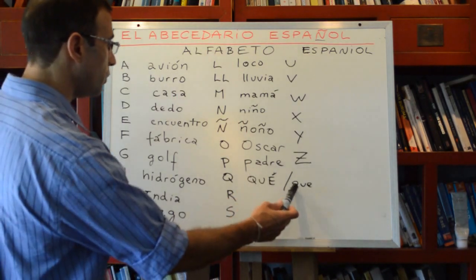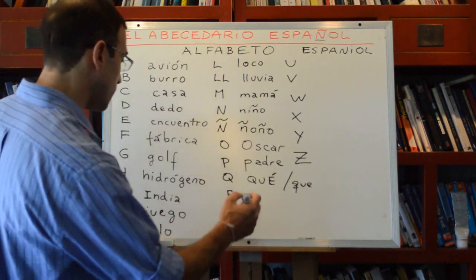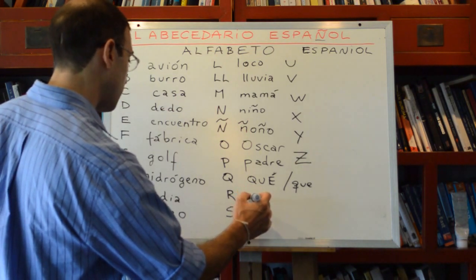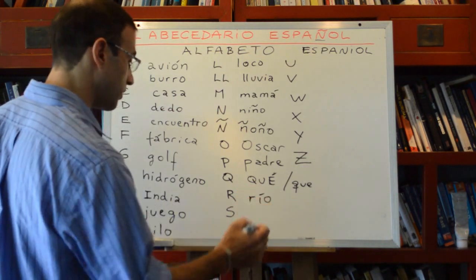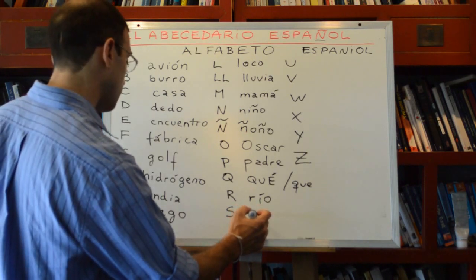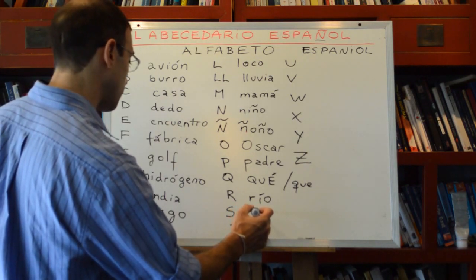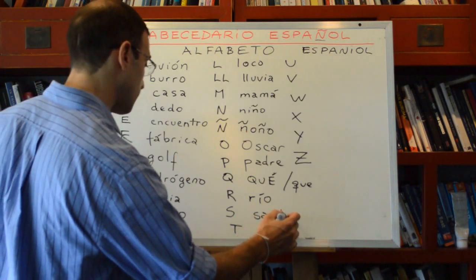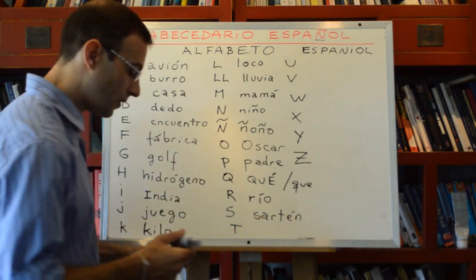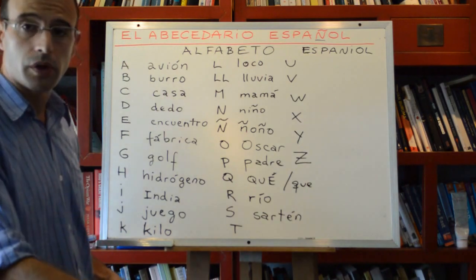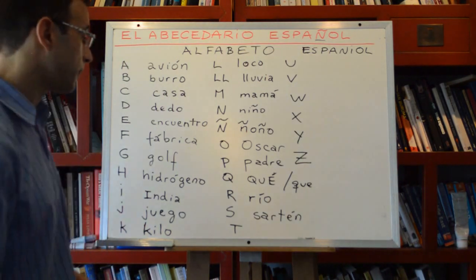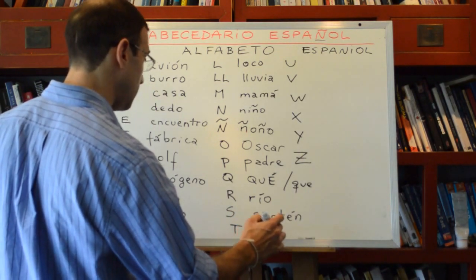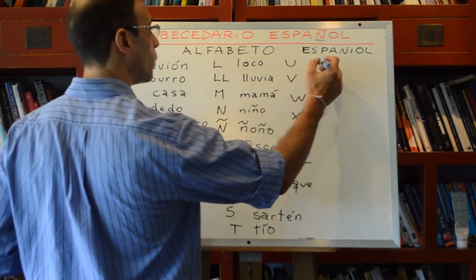So these are two different words. With R we have río for river. With S we have sartén. Sartén is the pan where we cook a steak, for example, okay? Tío, for uncle. Universo.